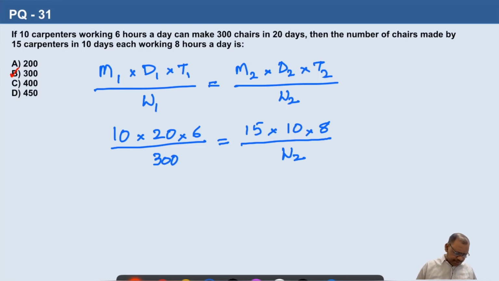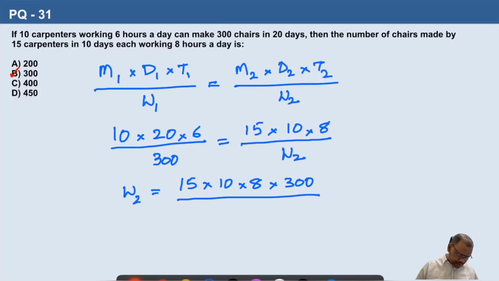So we'll simplify. Let us cross multiply. W2 equals 15 into 10 into 8 into 300 divided by 10 into 20 into 6.